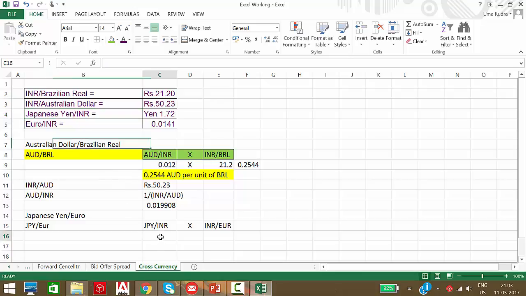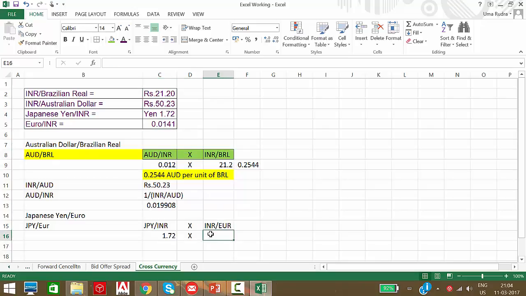Now I want INR per unit of euro, but what is given is euro per unit of INR. I want just the other way around, which is simple: it is the reciprocal.